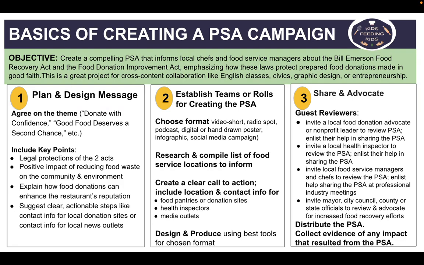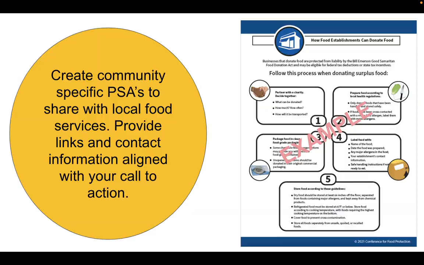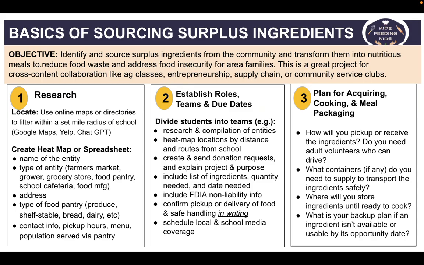So this slide gives you the basics of how to create a PSA campaign, and then even gives you an example of what that PSA could look like, with a call to action. So those two slides go together.